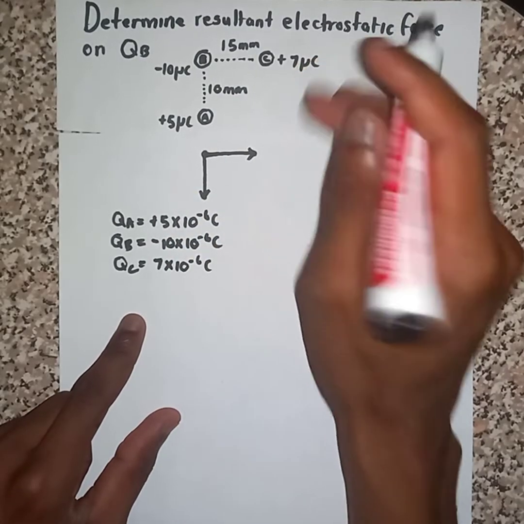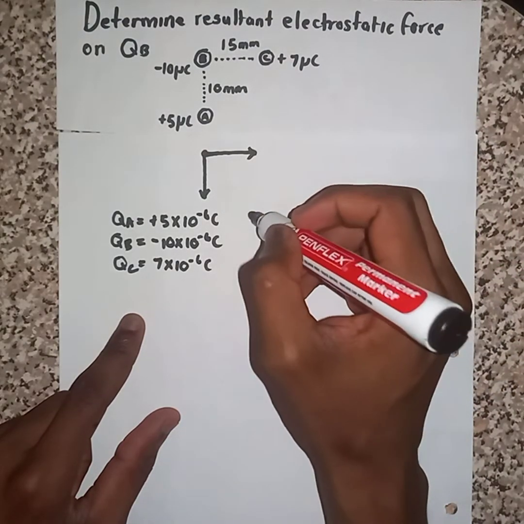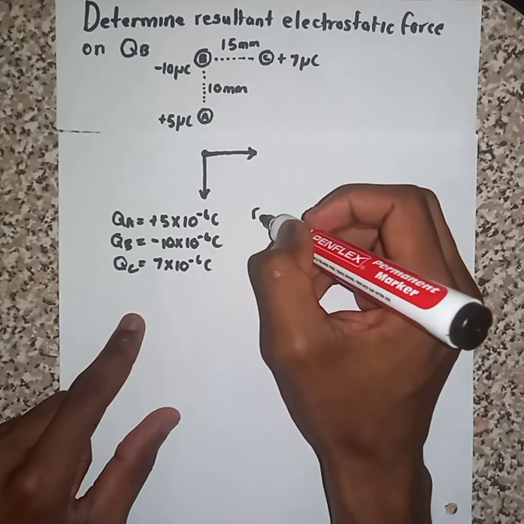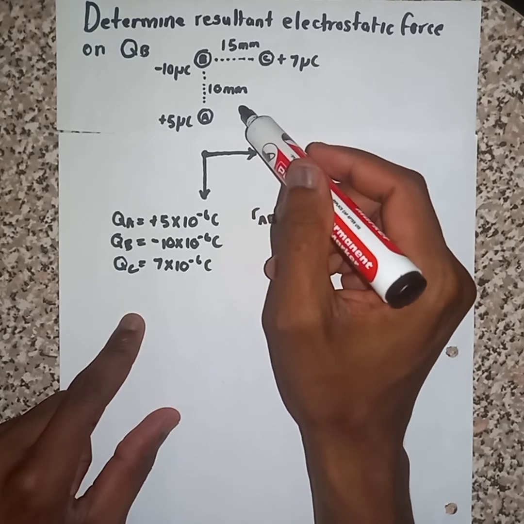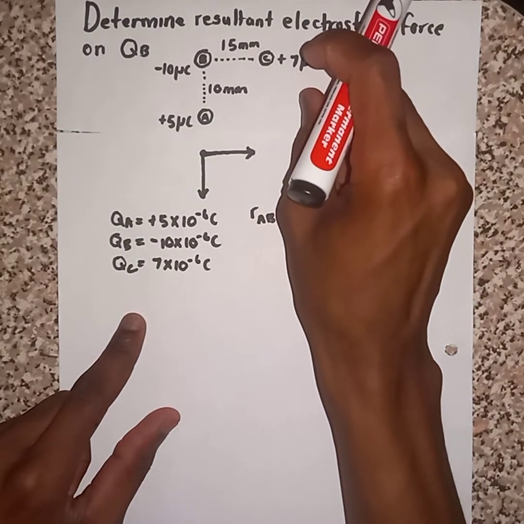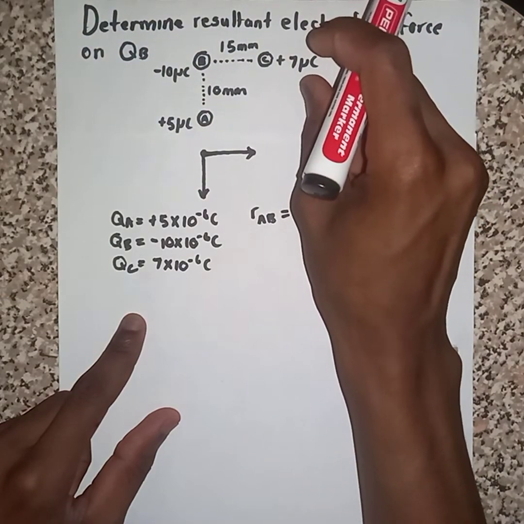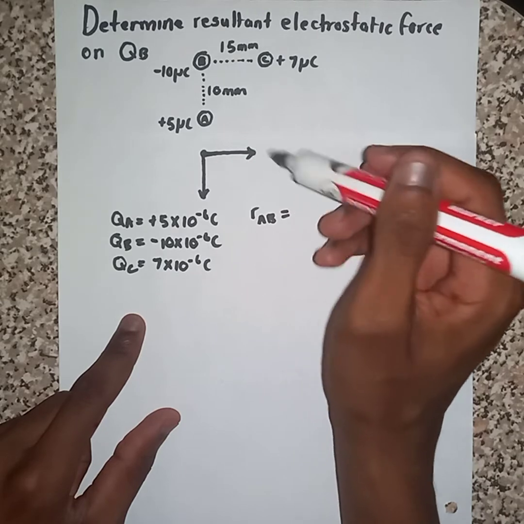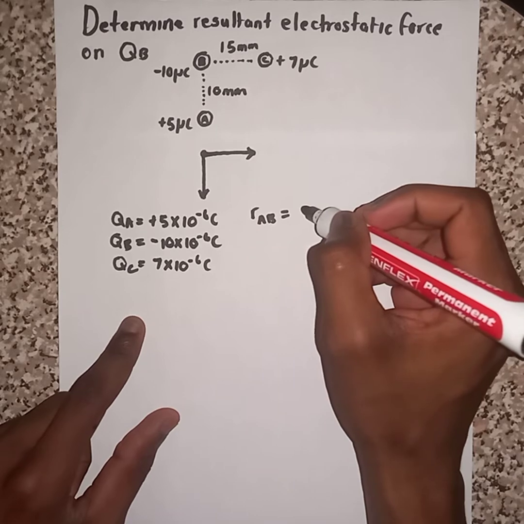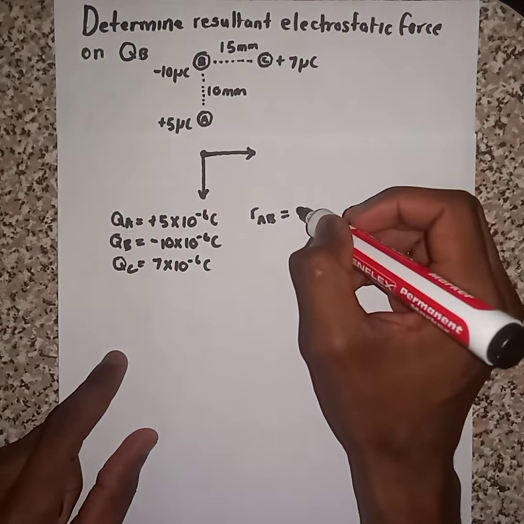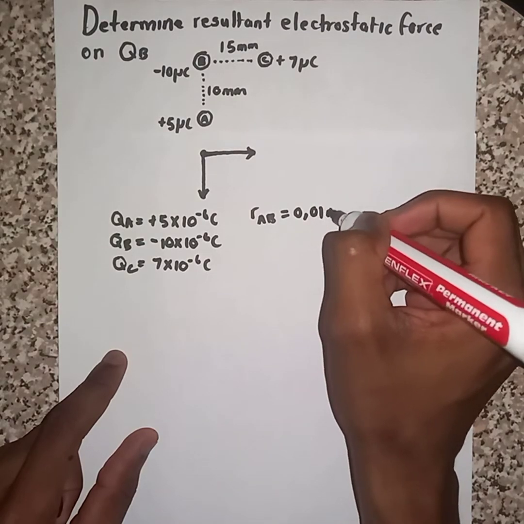Let us convert our distances now. Between R, A and B, this time around we have millimeters. Then we are going to divide this 10 millimeters by 1000, which is 10 divided by 1000. We are going to get 0.01 meters.